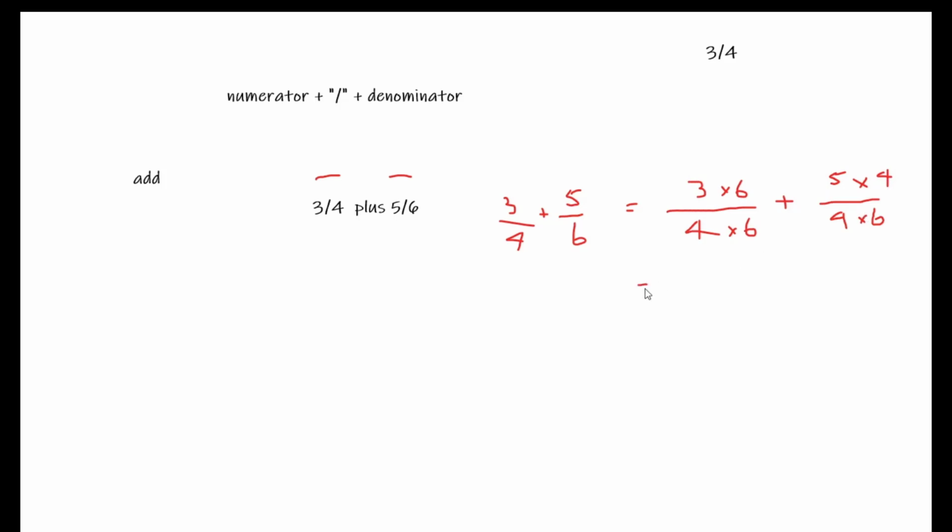And then I add it all up. So it's 3 times 6 plus 4 times 5. That's my new numerator, and my new denominator is this.